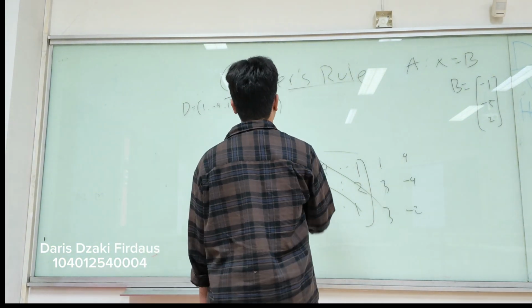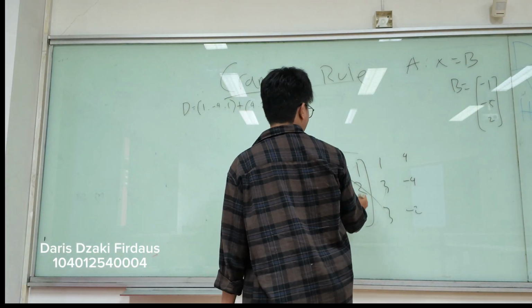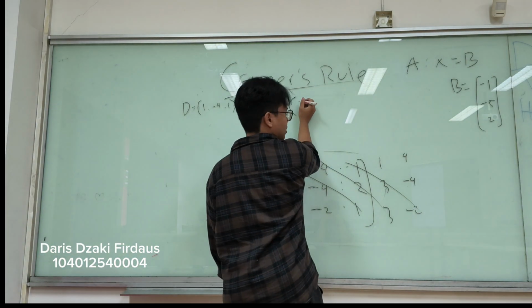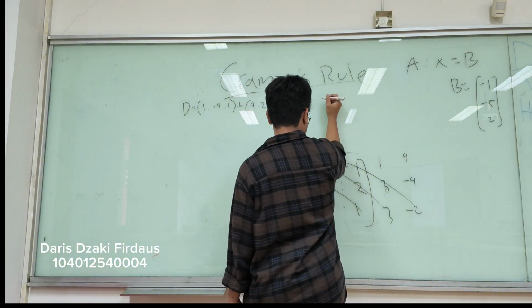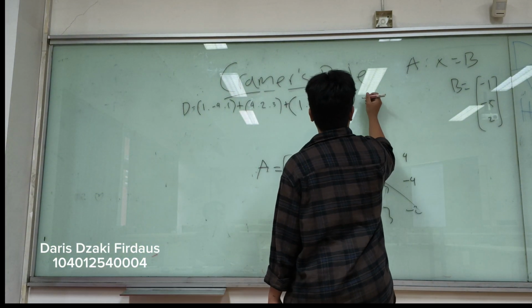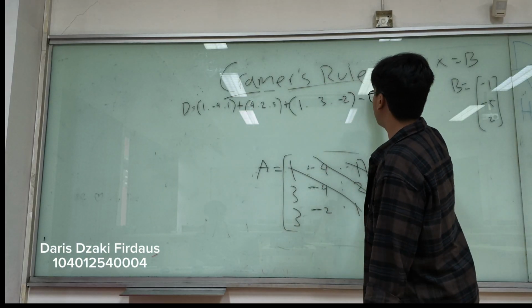Then we have 1 times by 3 and times by minus 2. And then next we minus them.